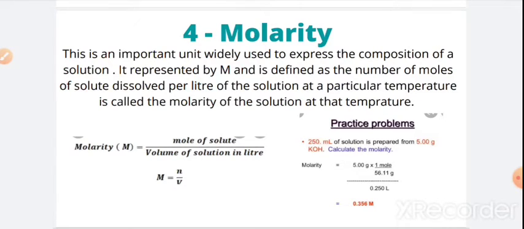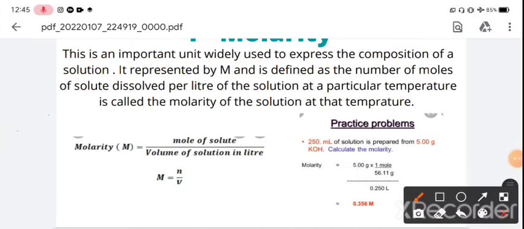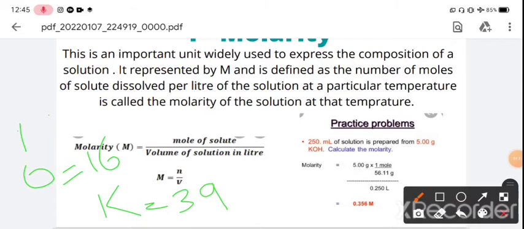The atomic mass of K is 39, the atomic mass of O is 16, and the atomic mass of hydrogen, H, is 1. If we add them, we will get 56. Actually it's not exactly 1, it's 1.008, and O is 15.99. But we don't need to calculate with this much accuracy.